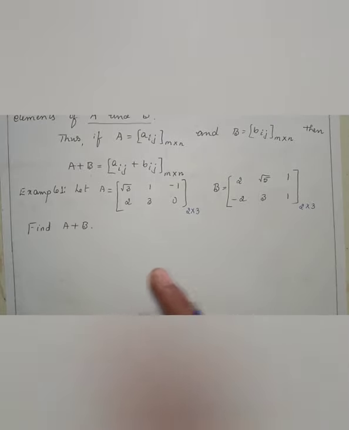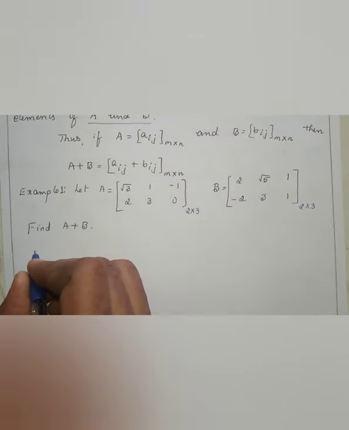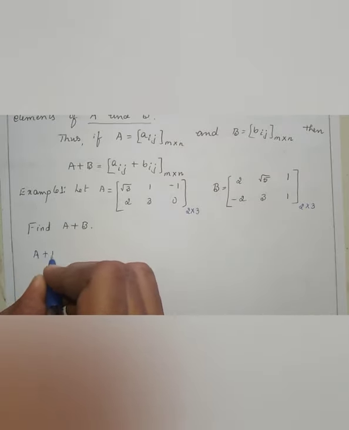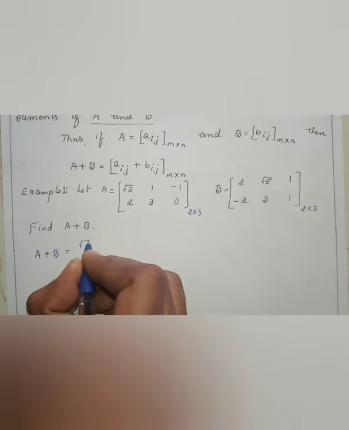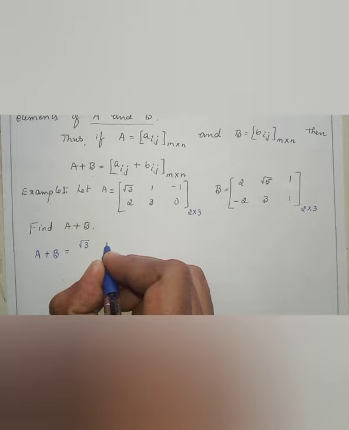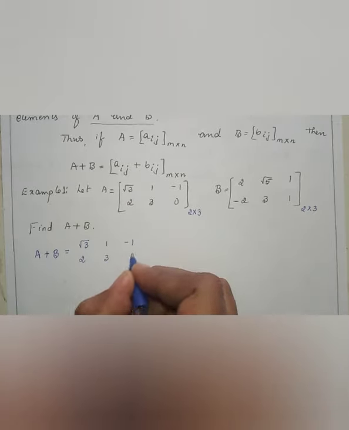Therefore, A and B are comparable matrices. Therefore, addition of the two matrices is defined. Now, A plus B is equal to matrix A. First write the matrix A: root 3, 1, minus 1, 2, 3, 0.